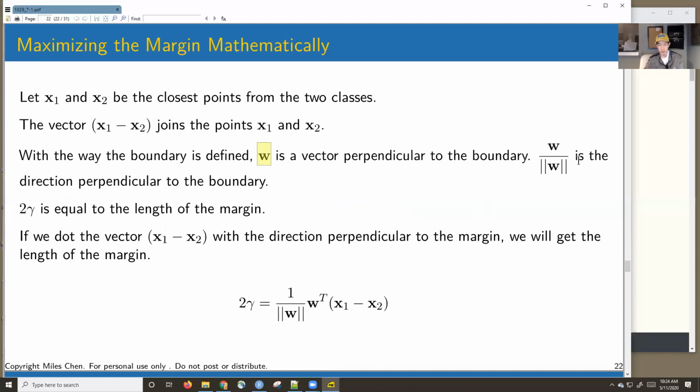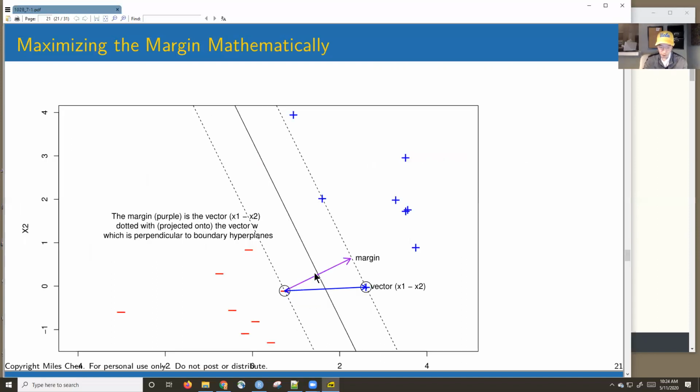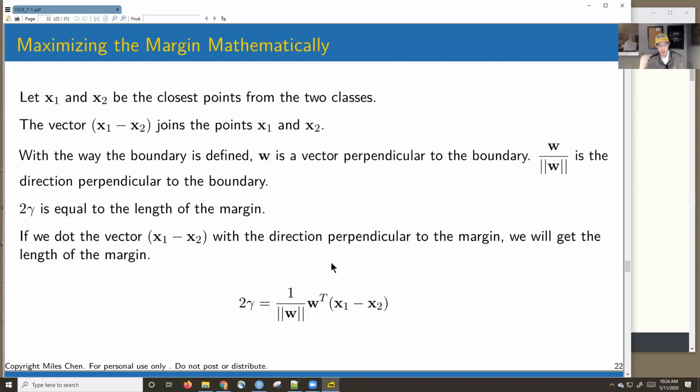If you do w divided by the norm of w, that's the direction perpendicular to the boundary. We arbitrarily say that gamma is the distance from the center to the margin, and that the total distance of the margin equals 2 gamma. So 2 gamma is the length of the margin.